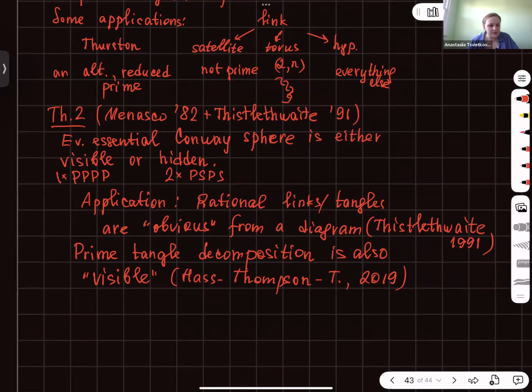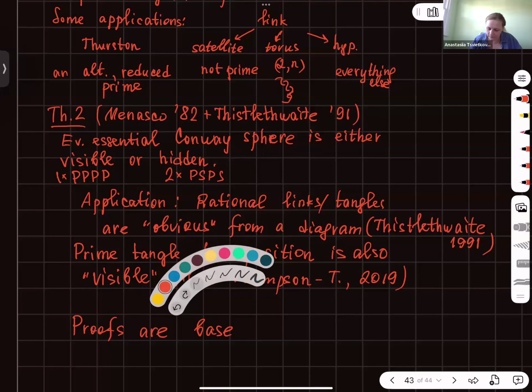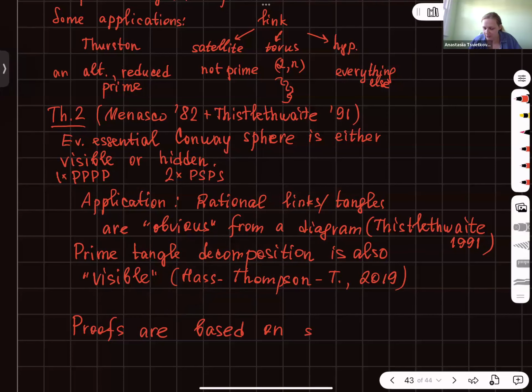And what's interesting is that their proof is based on something called standard position for surfaces. So many of you might have used it, but possibly not all. So proofs are based on standard position for surfaces.